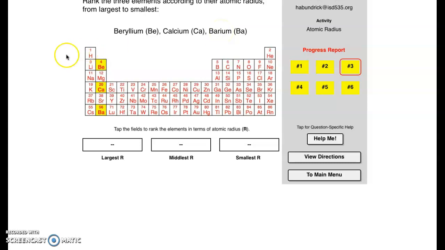On the periodic table, the size of an atom increases going top to bottom. So in this case, Be would be my smallest, and Ba is going to be my largest, which would make calcium my medium.